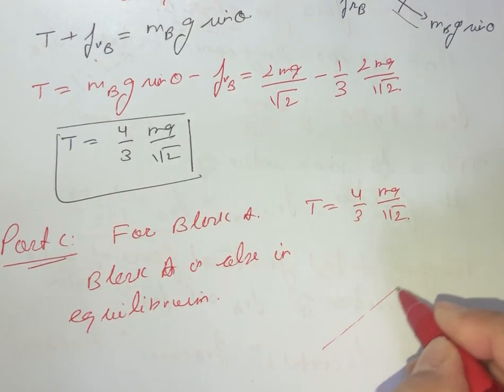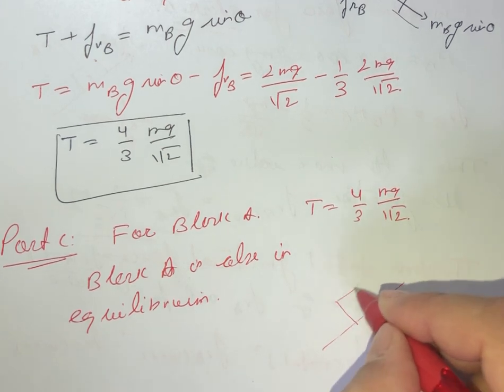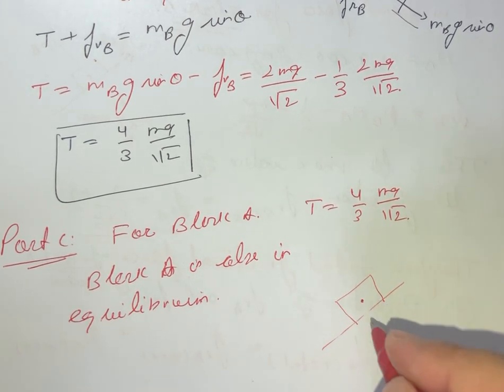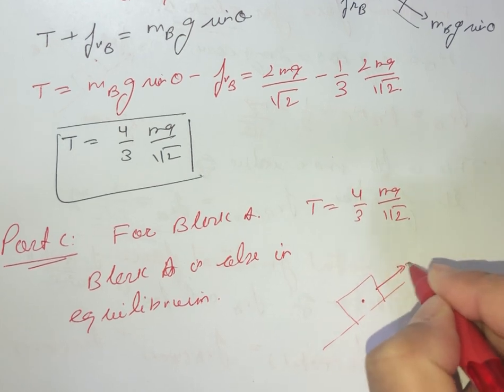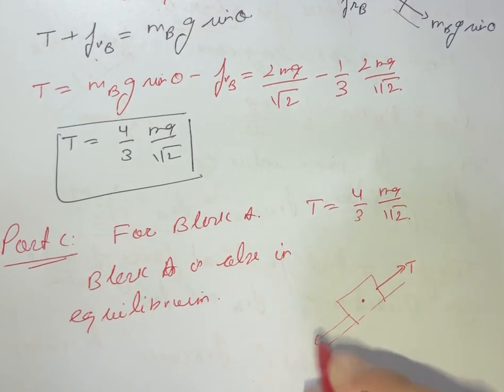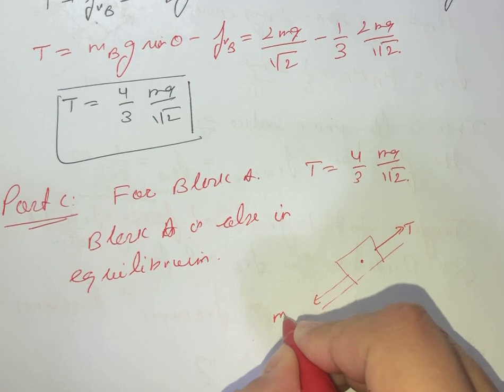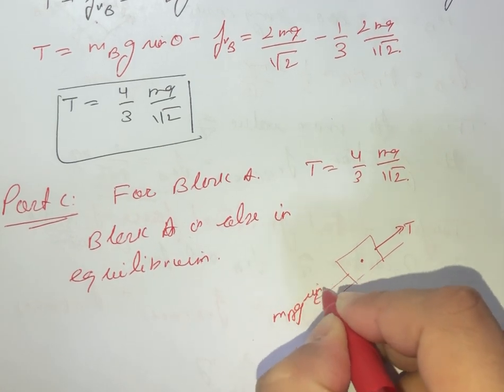So let us draw for block A. So this is block A. Upward is the tension T, and downward it is acting ma g sine of theta.